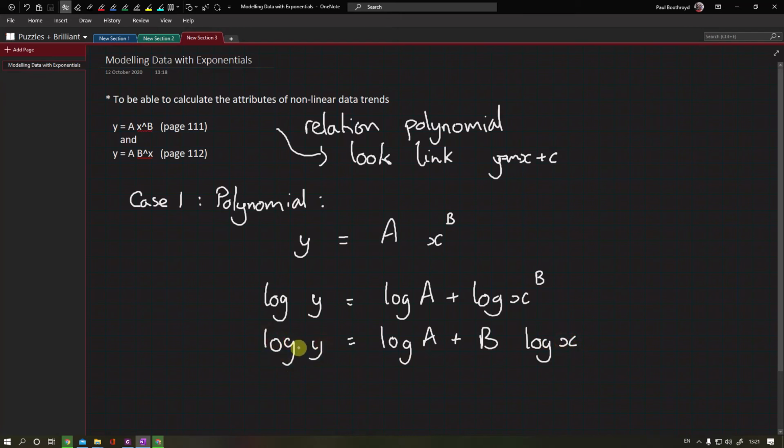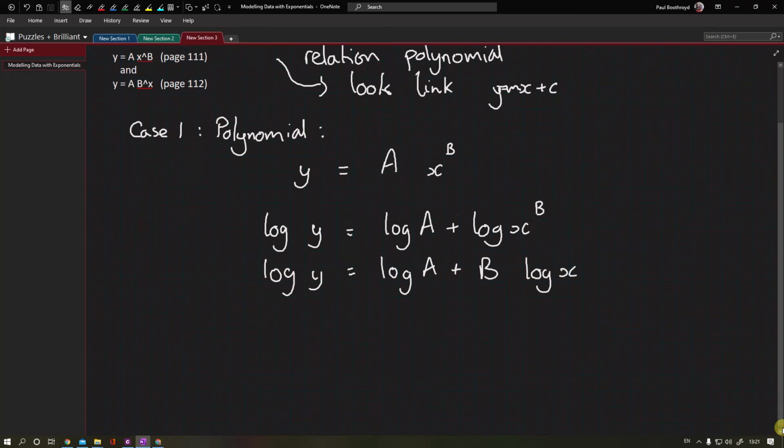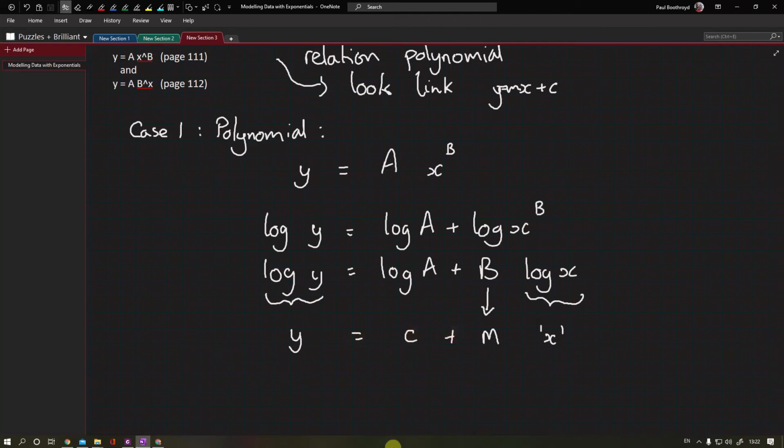And this is where we're going to think about it being a line y equals mx plus c, because the b part is the gradient, my m. To plot the points, we're going to plot the log of x against the log of y, and that's my constant part in the middle.